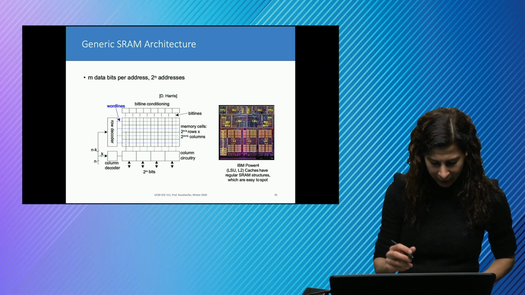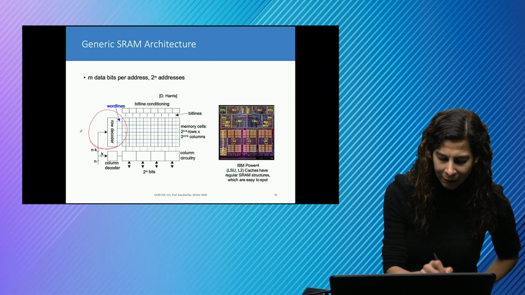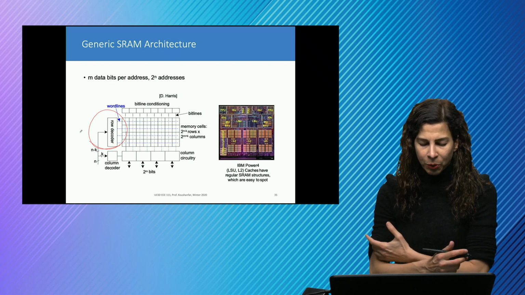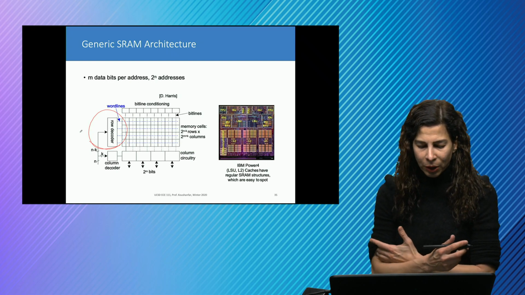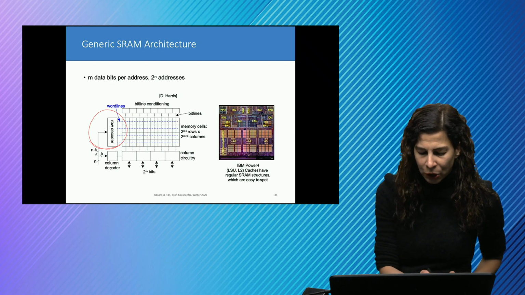Here we have the structure of a SRAM shown. We have the decoder, which decodes the address, and we have both the row decoder that goes to the word line and the column decoder, which is reading the data from the bit lines.